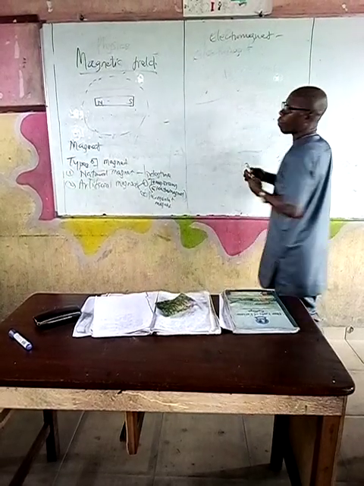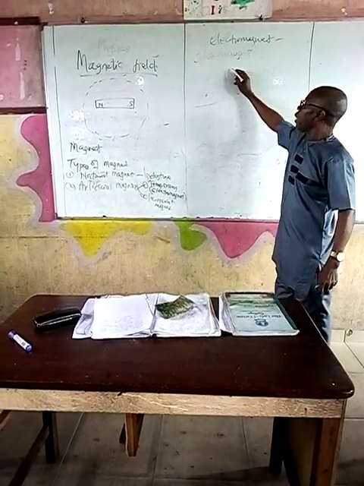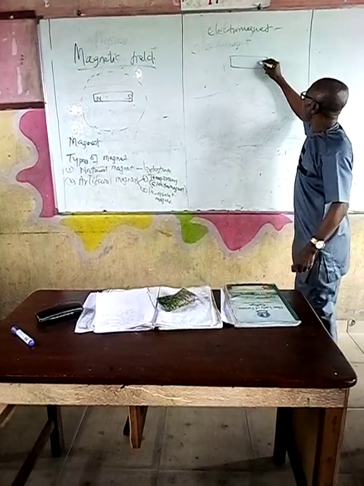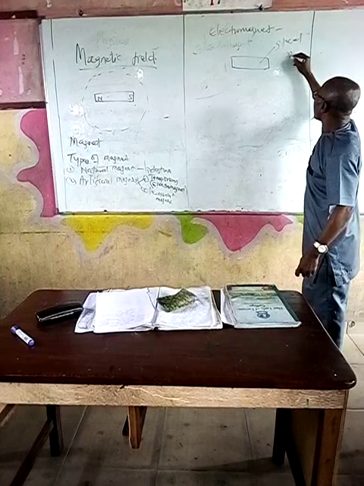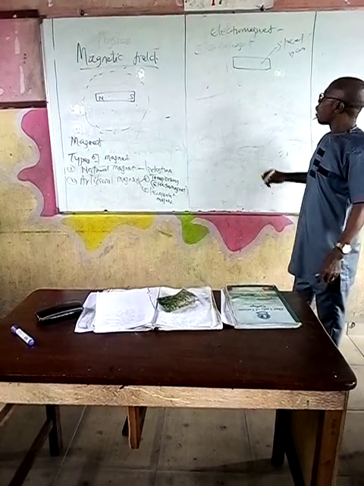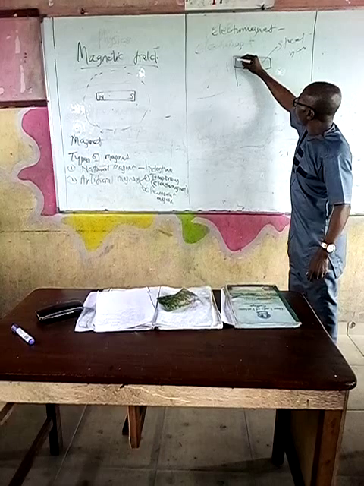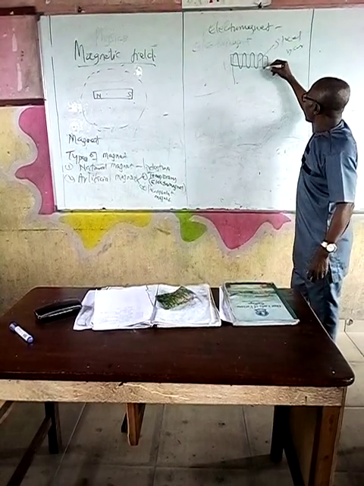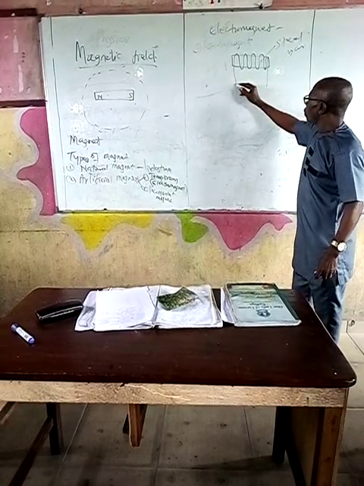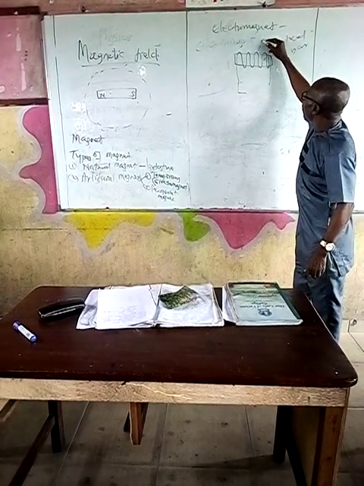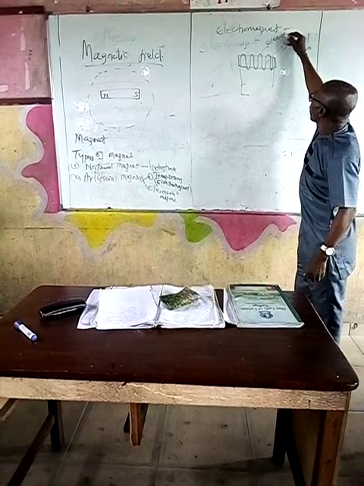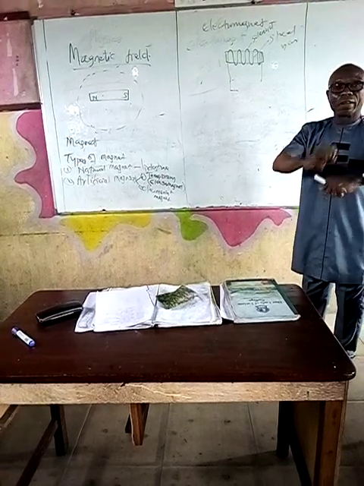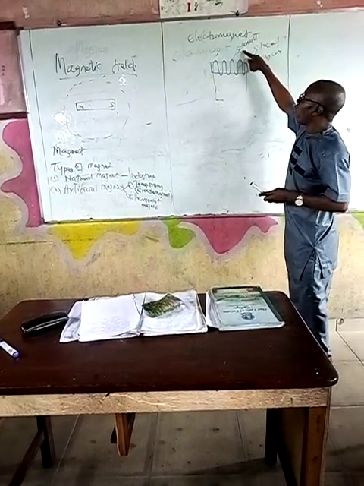For example, if you have a steel bar and you wind a wire around it. A wire wound in a cylindrical shape is called a solenoid.